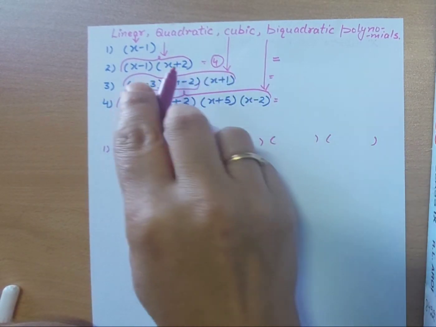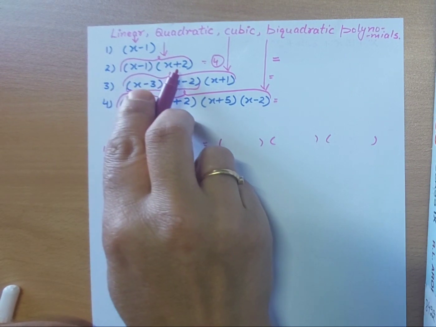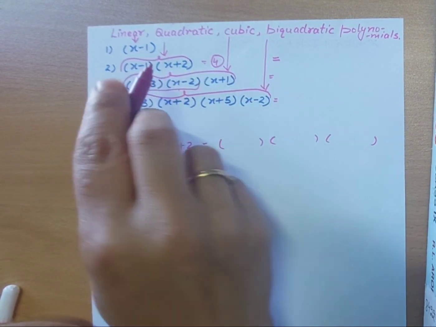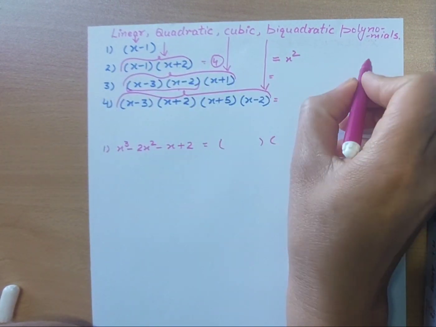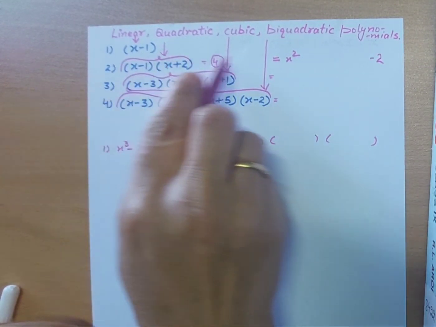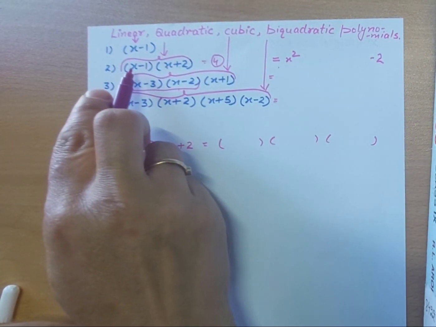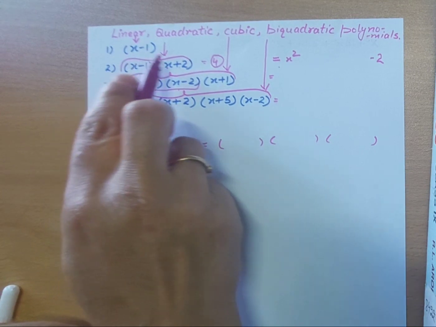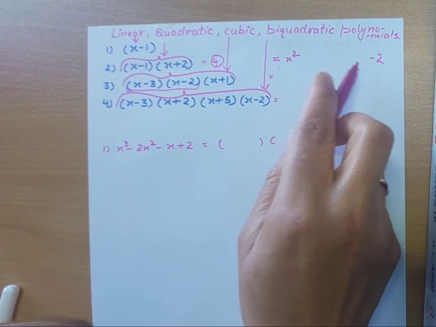But something we can tell about the answer by looking at these, that the first term of this expansion is going to be x square and the last term is going to be minus 2. When x goes to x, it's x square. When minus 1 goes to 2, it's minus 2. And the middle terms are when x goes to 2 and minus 1 goes to x. Those are going to be middle terms which get combined later.